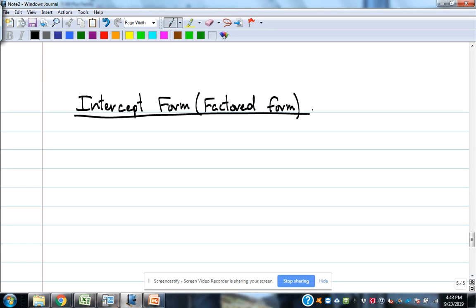Intercept form, factored form, it's the same thing, okay? M and N are just numbers. X is still x. A is still the same a we've been dealing with for the whole day. Okay? Nothing's changed about that.